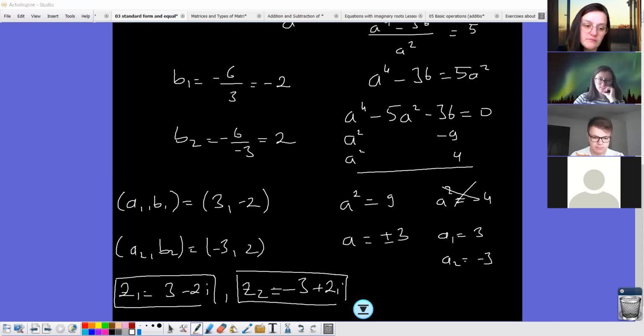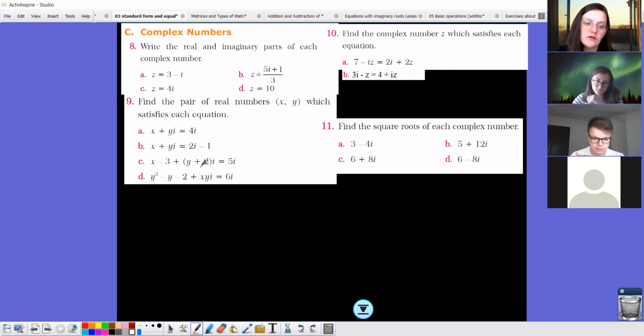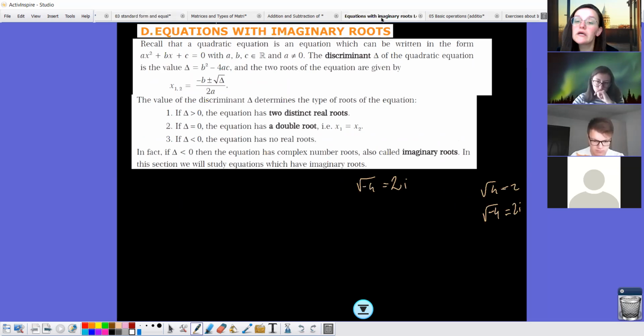Here you have some more exercises that we solved, but I will show you this. When you take the books, most probably this week, we will give the books.